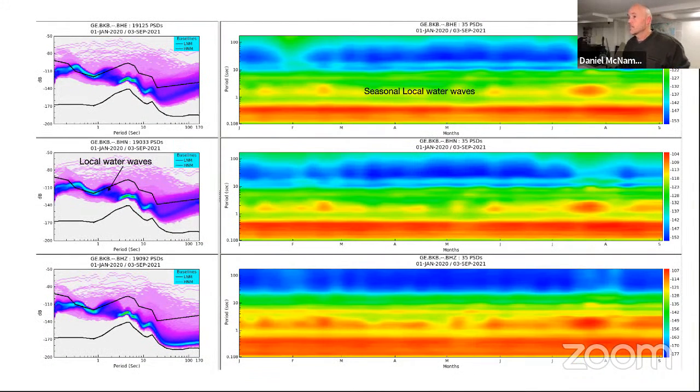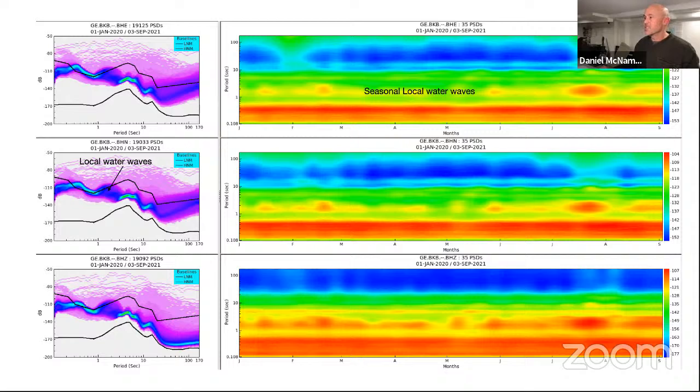And here's one I just wanted to show. Here's a bin by month for this station. I didn't have multiple years to be able to work with, but you can see a fair amount. I wanted to look into what this local water wave behavior is like. And what you can see is there's a fair amount of variation from month to month.